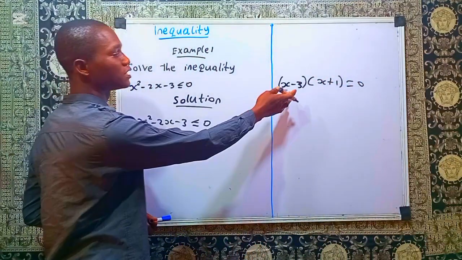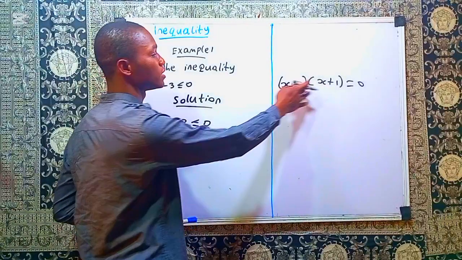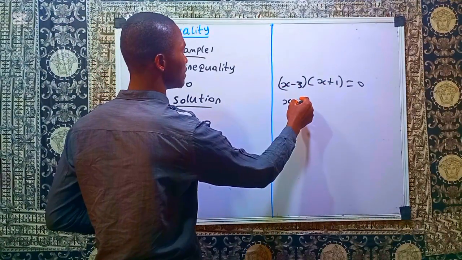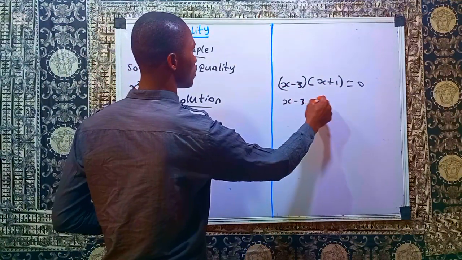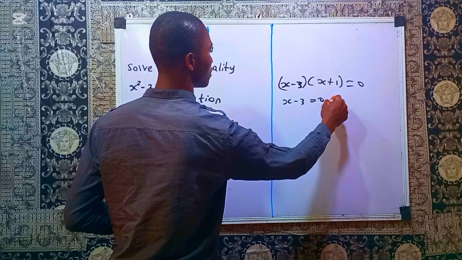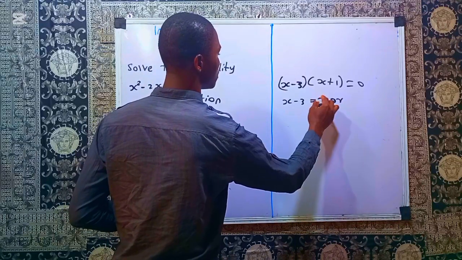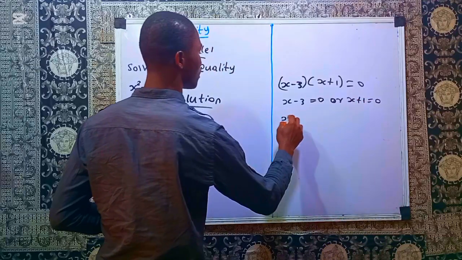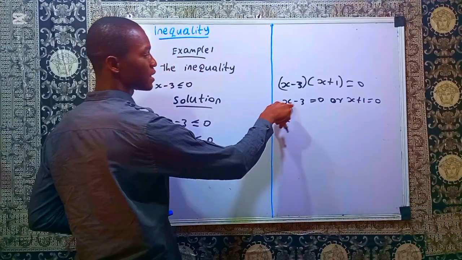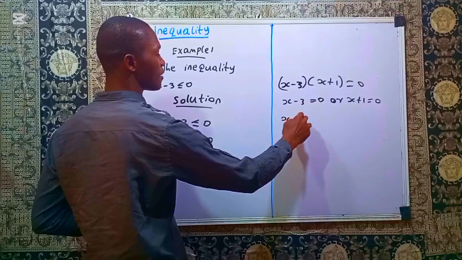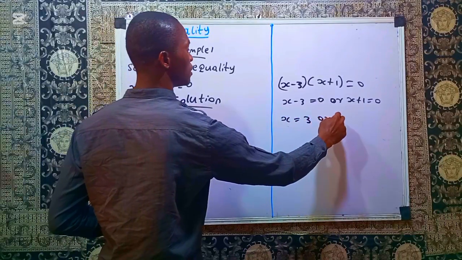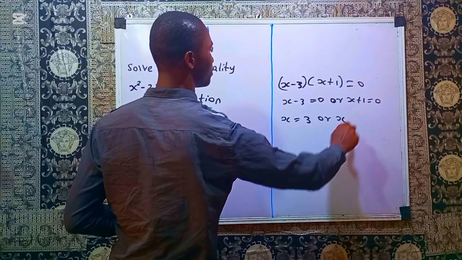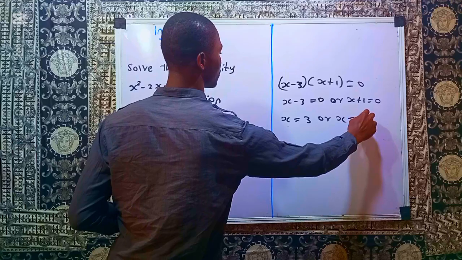Of which it means that this is 0 or this is 0, which means x minus 3 equals 0, or x plus 1 is 0, which if you solve, it means that what? X, if you move minus 3 to this side, you have that x is 3, or for this one, move plus 1 to this side, you have x is minus 1.